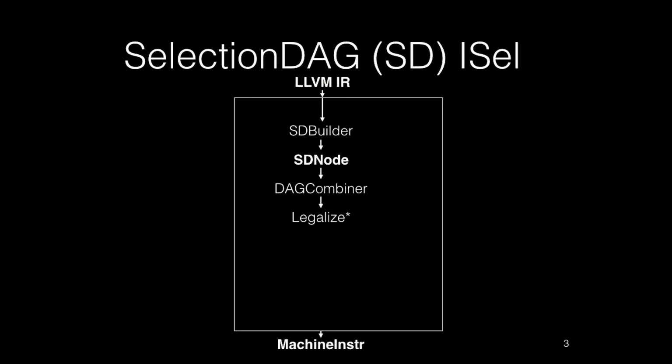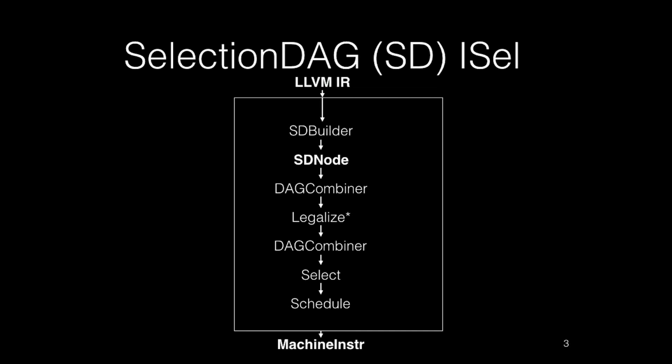Then we go through the many phases of legalization, which basically translate anything that can be represented in LLVM IR into what is supported for the actual target. After that, we have another phase of optimization. Then we select these nodes into target-specific nodes, but we are not done yet.